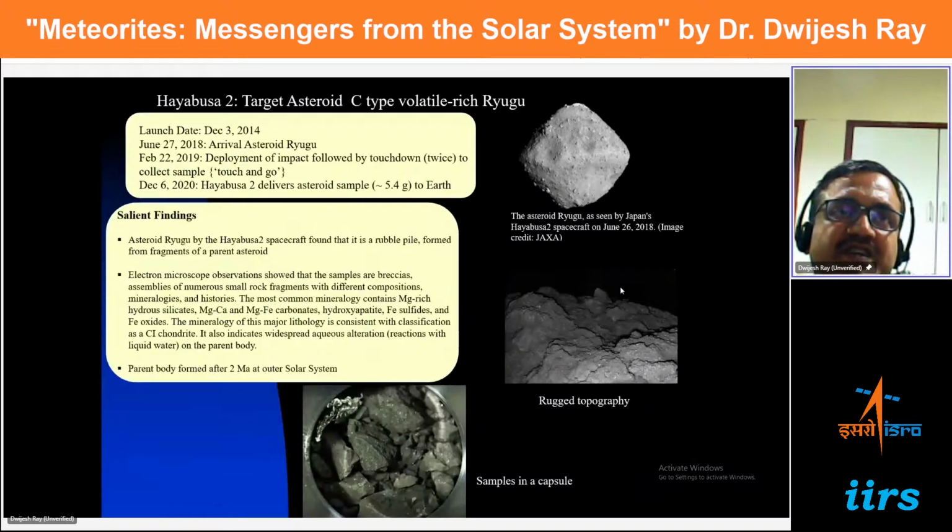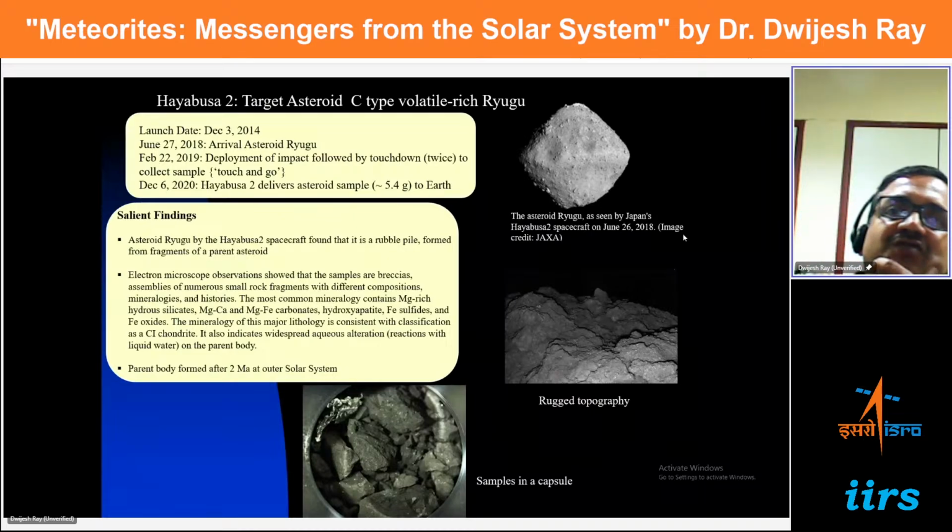So the next mission is Hayabusa 2. It's a different kind of asteroid, basically a C-type, carbonaceous type. Here the recovery is a little higher, as you can see from the mass recovered by JAXA. And this is the sample holder image. You can see the rock fragments they collected from this asteroid.